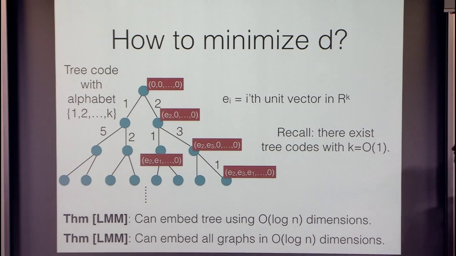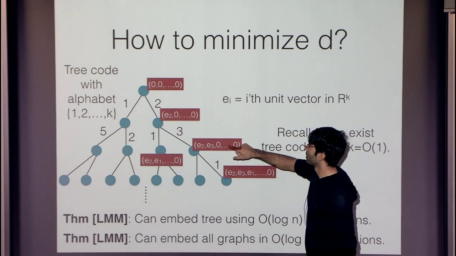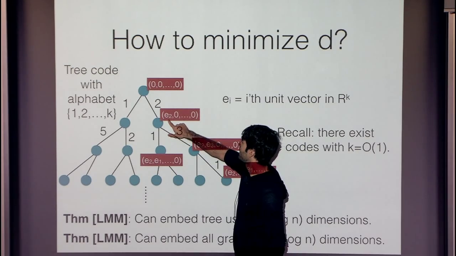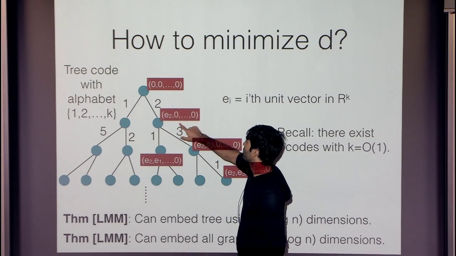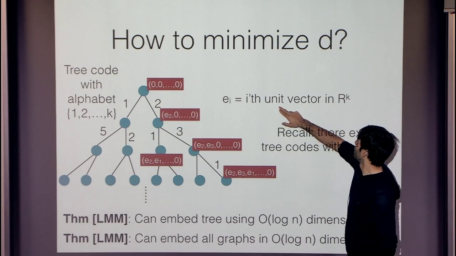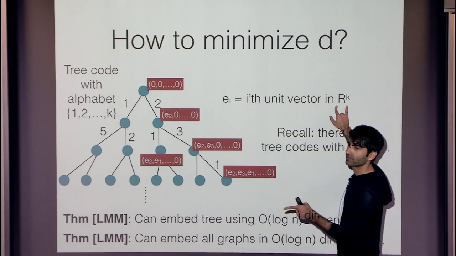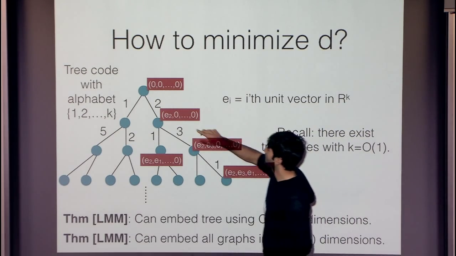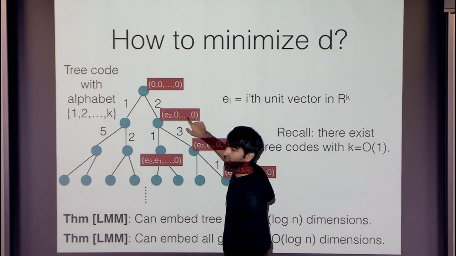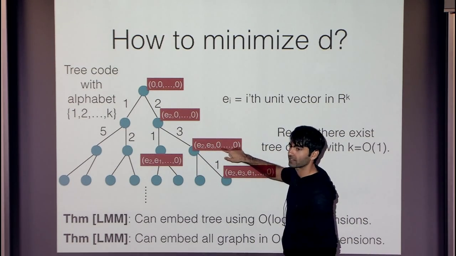And then this vertex will be mapped to the point E2 followed by zeros, where E2 is a unit vector in k-dimensional space in direction 2. Okay? So each one of these coordinates is a k-dimensional vector, and there are going to be log n such coordinates.